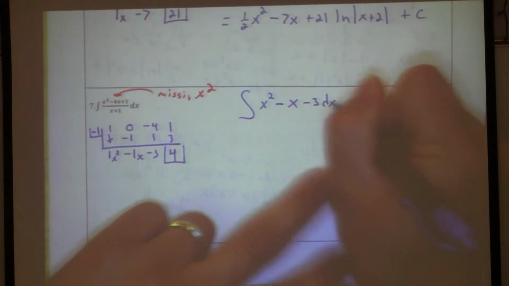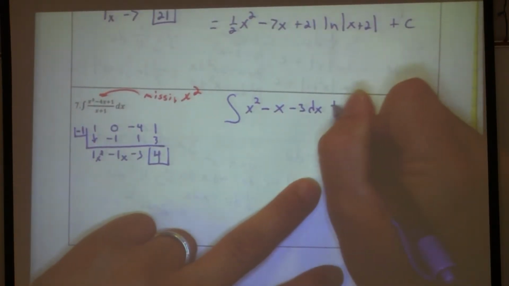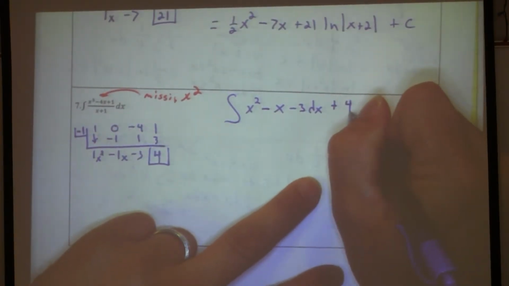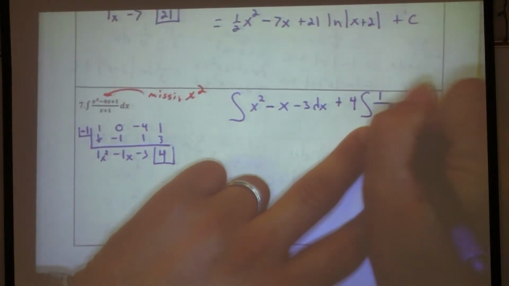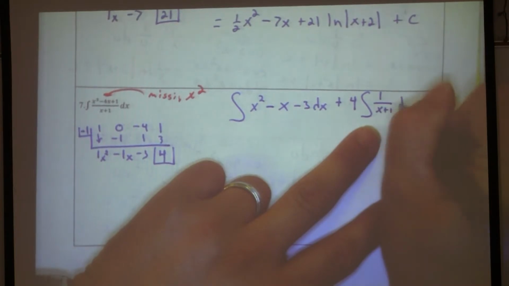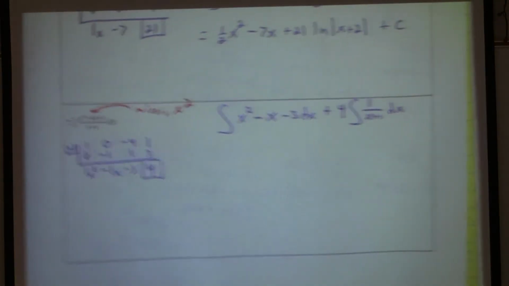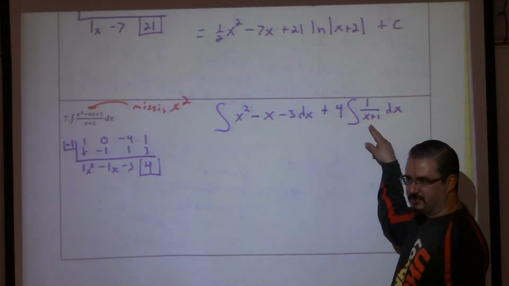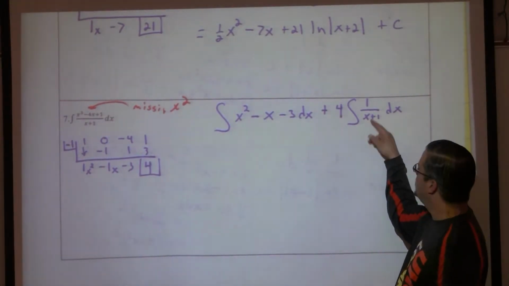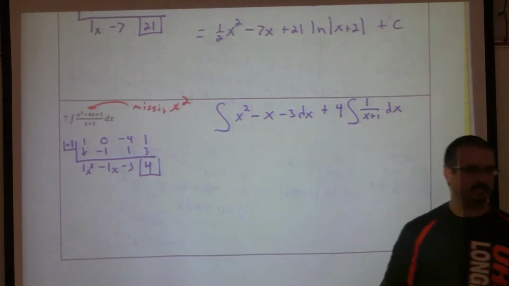Can I stop it right there? Plus, can I take out the 4 times the integral of 1 over x plus 1 already? Or did I lose you? The remainder would have been 4 over x plus 1, right? But I'm taking out that 4 already because that's what I was going to have to do anyways.